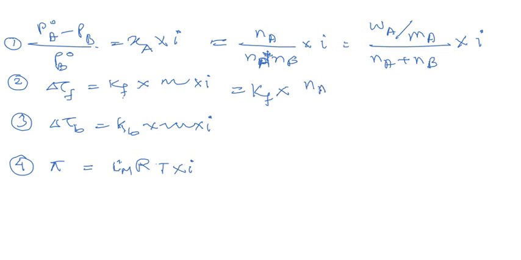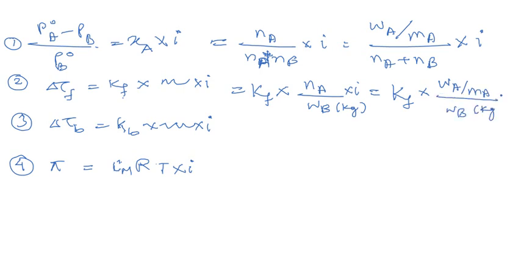Molality is again number of moles of the solute by weight of the solvent in kg, so multiplied by i. So this is Kf into number of moles, which would be again weight by molecular mass, over the weight of the solvent in kg, multiplied by Van't Hoff factor.